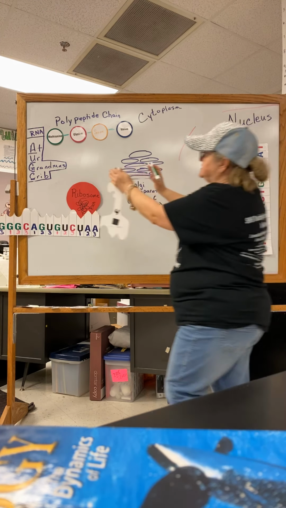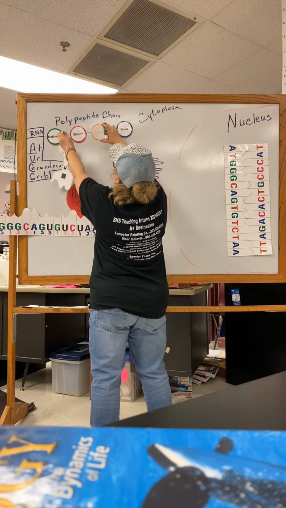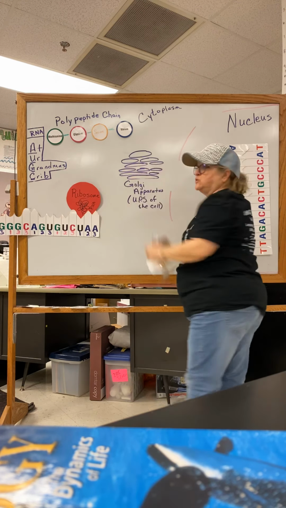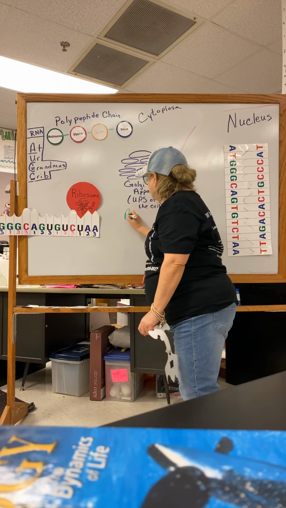And what happens is this chain moves from the area of the cytoplasm to the Golgi apparatus. Remember that the Golgi apparatus is the UPS of the cell. Remember what UPS does? It packages things, right?